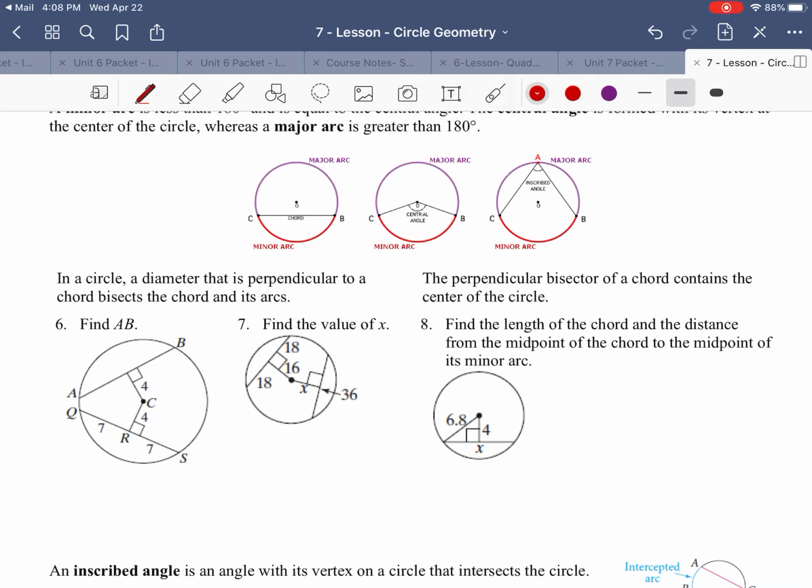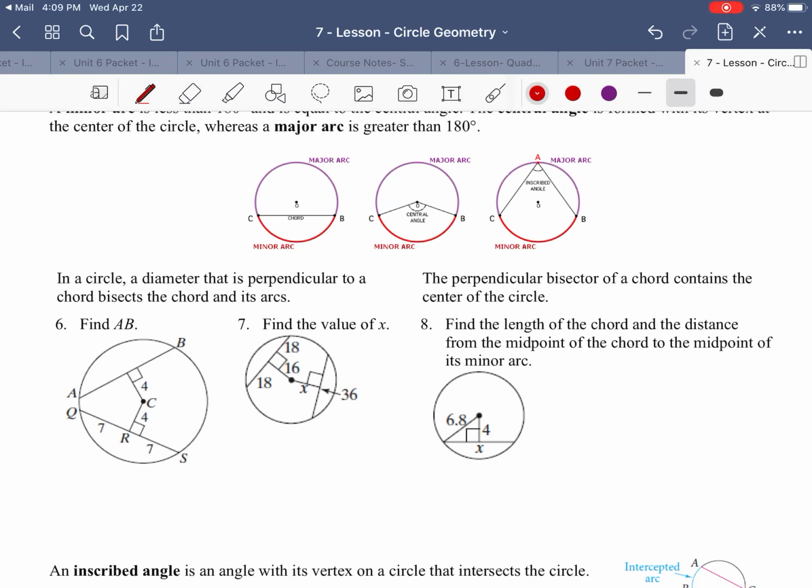A diameter is an example of a chord, right? But it's not the only chord. So any line segment that connects 2 points on a circle is going to be a chord. Q and S would also be a chord, Q to S. So a diameter that's perpendicular to a chord bisects the chord and its arcs.